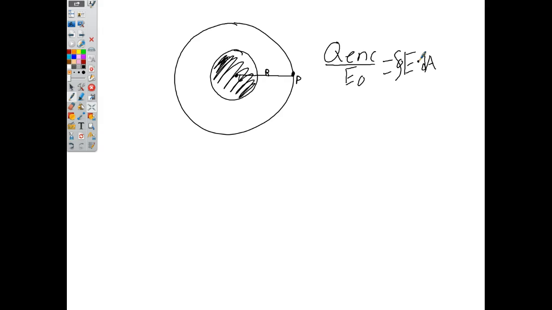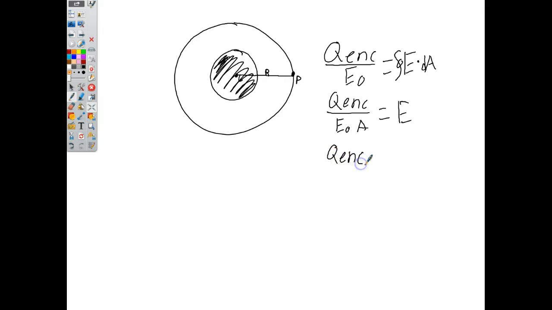And then the magnitude would just be Q enclosed over E naught A. And what's the area of the shape you drew? It's 2 pi r squared. Or 4 pi r squared.